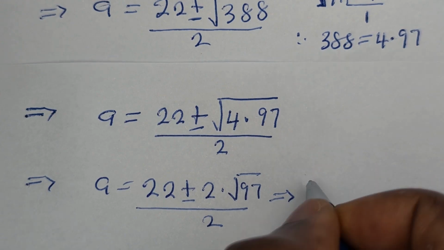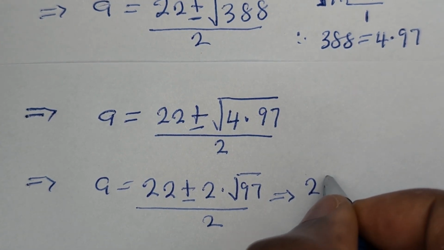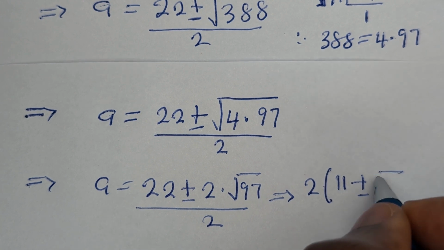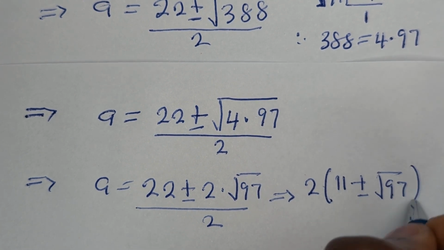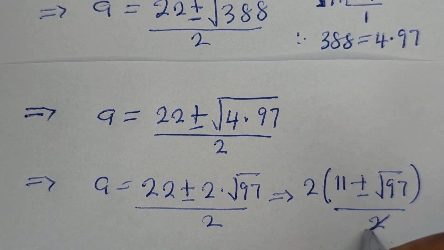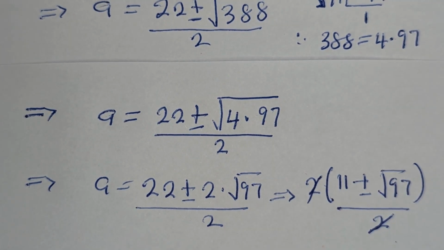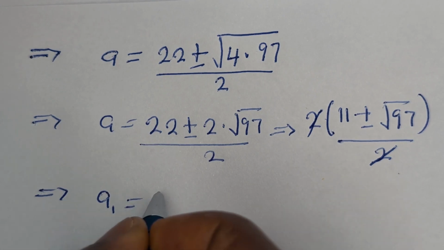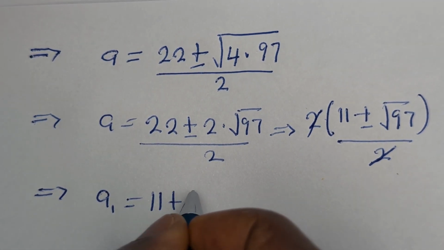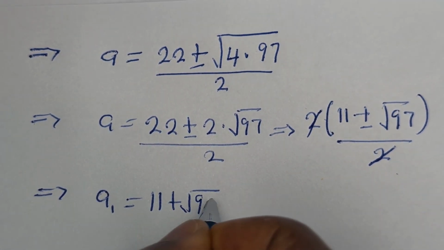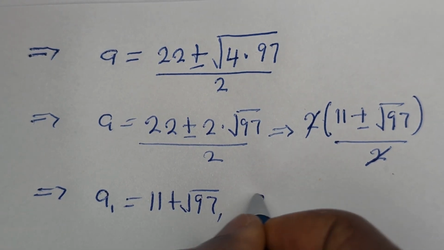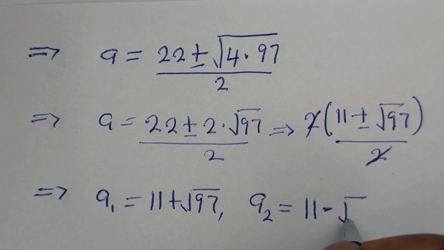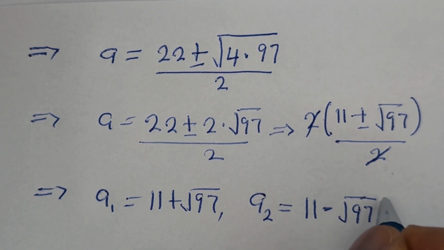And this is the same thing as 2 bracket 11 plus or minus square root of 97 over 2. These two cancel these two. a1 is equal to 11 plus square root of 97, and then a2 is equal to 11 minus square root of 97.